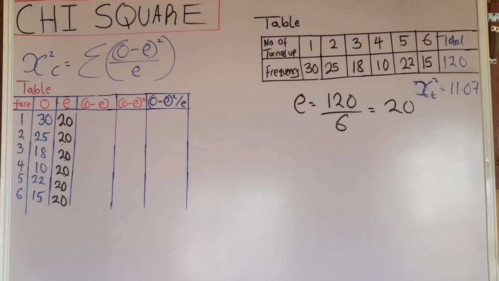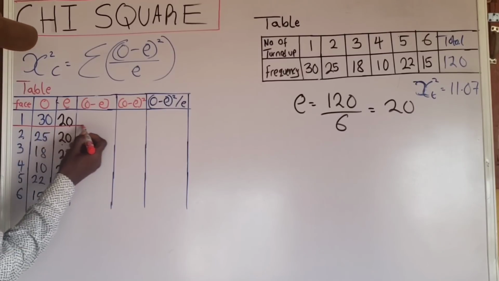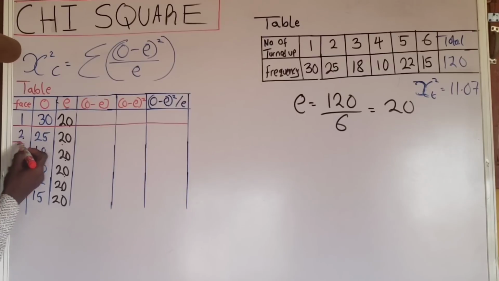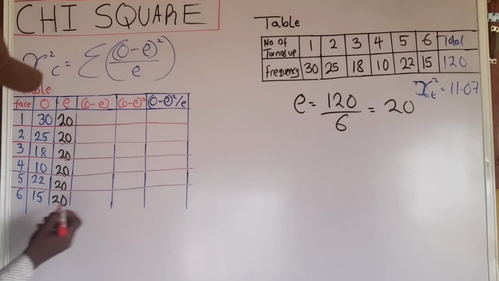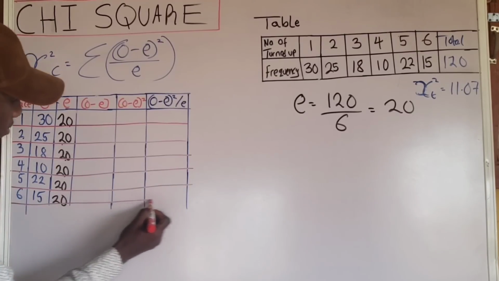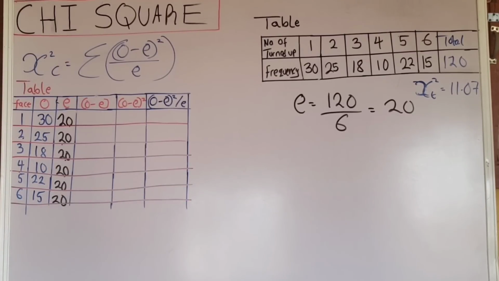I'm very sure you understand now. Now, let's take the differences. Okay, let's remove this so that we will not get confused. So now observed minus expected.